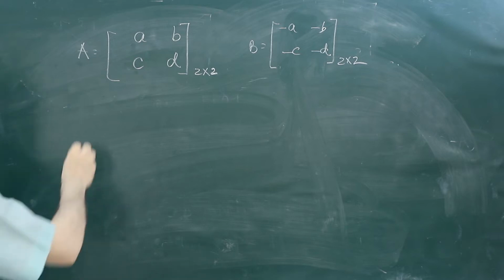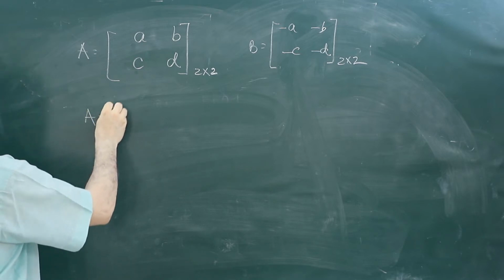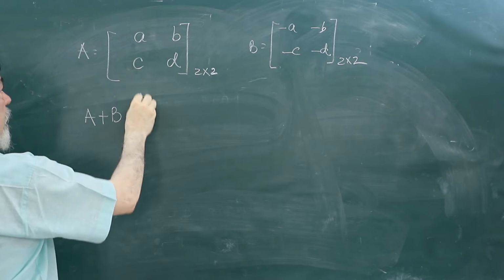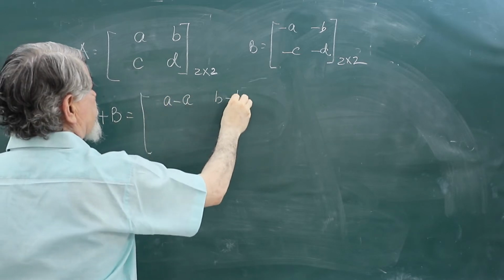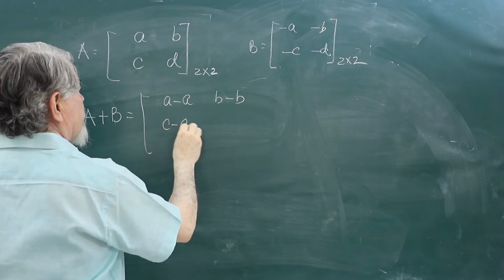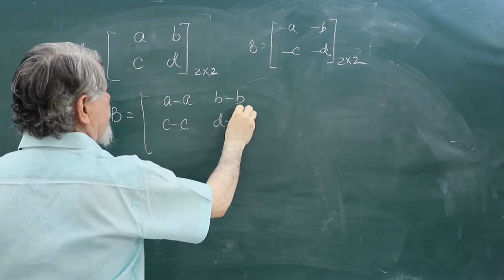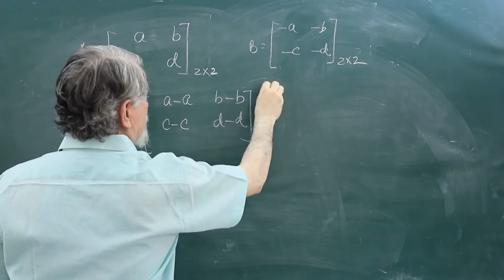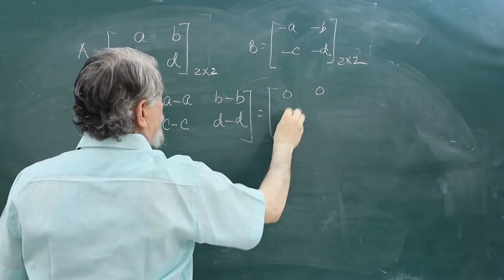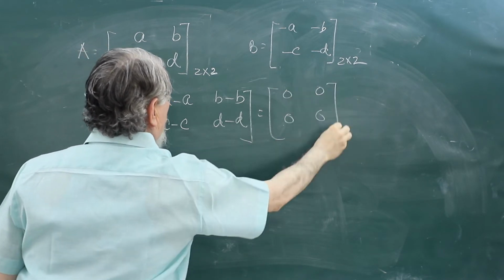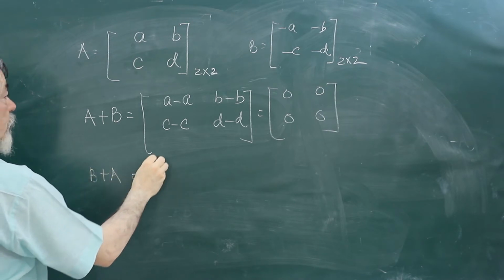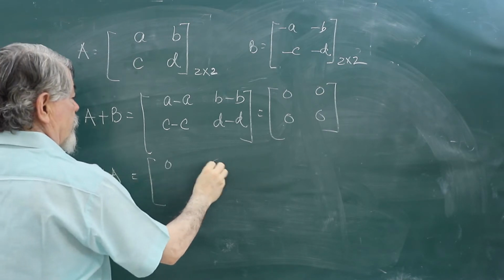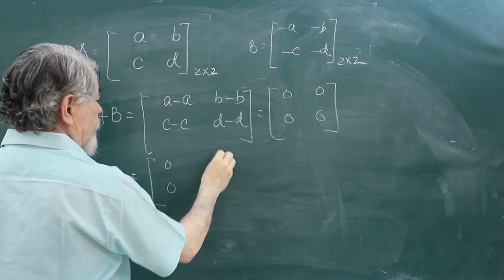Suppose I add A and B, I will get a minus a, b minus b, c minus c, d minus d. It will be 0, 0, 0, 0. Or if I find out B plus A, it will also be 0, 0, 0, 0.